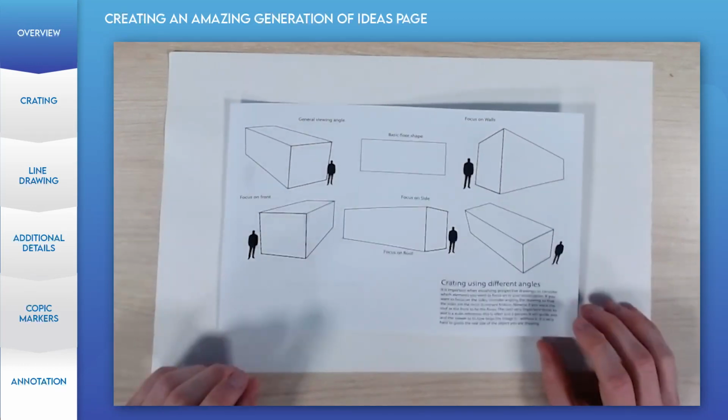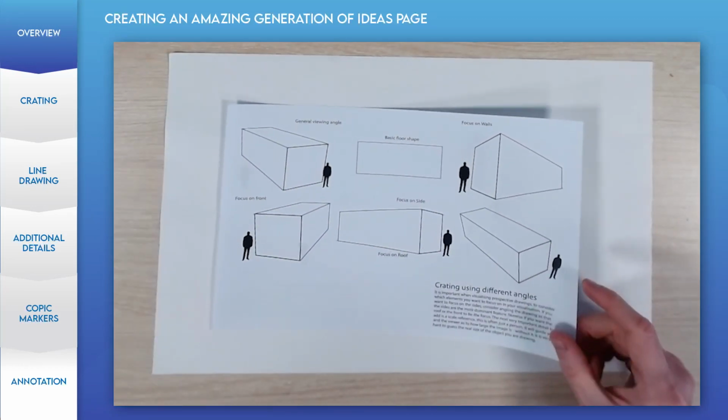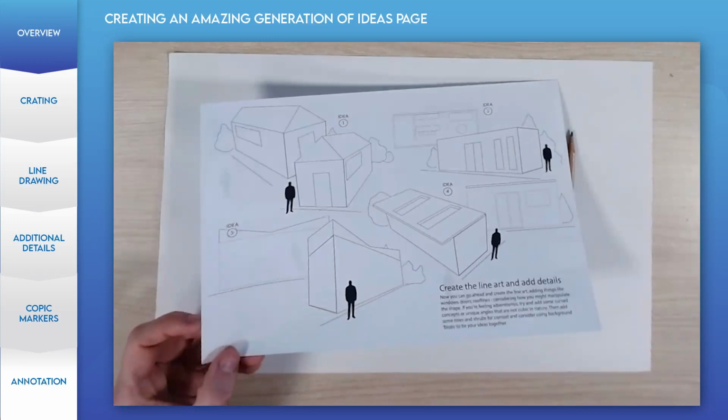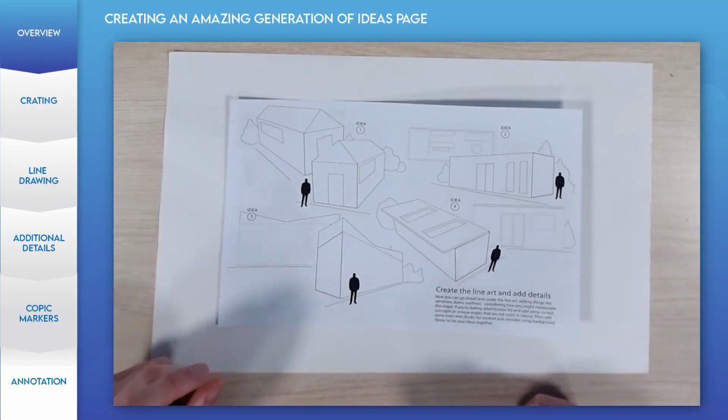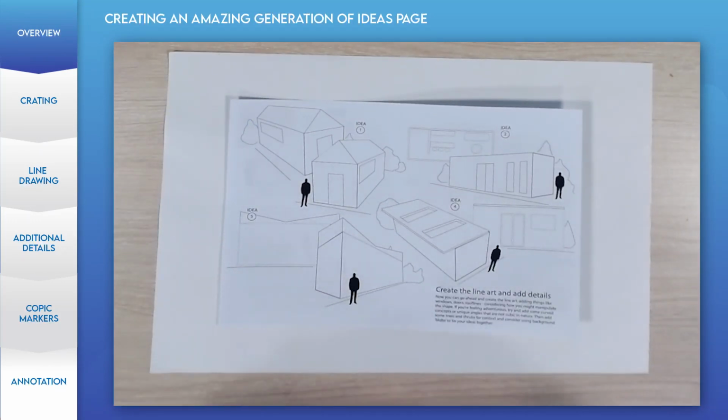After you've done that, we'll move on to this one here, where you've created these really light crates, which are the 2-point perspective boxes that your designs are going to fit in. You've done them very lightly because they always need to be rubbed out.